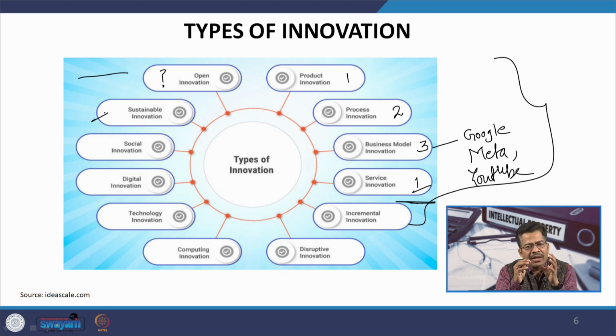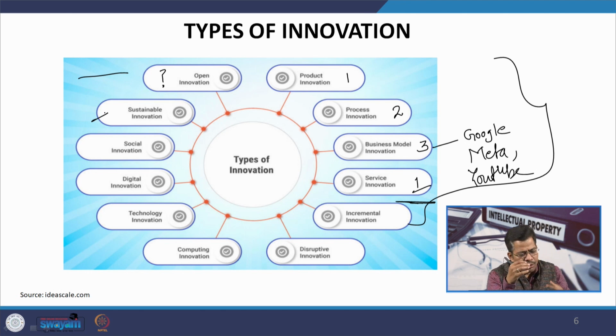Or social innovation can also be understood as those innovations which are solving some of the social problems. For example, in a particular society, there is no awareness about education. Children are not going to school, they are going for, let us say, rag picking or begging. It is a social problem in some area.